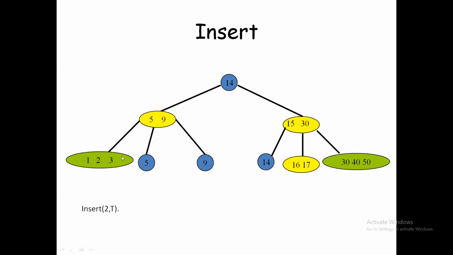If I try to insert the element 4, it automatically comes here, based on the rule. But this is not the property of the B tree. It can have at most only 3 keys. Here, all the elements are acting as keys. We'll see the next thing.